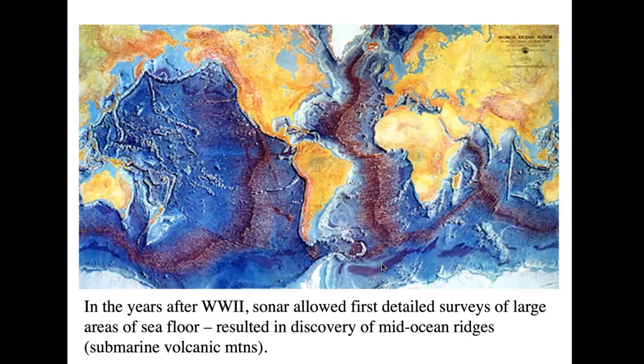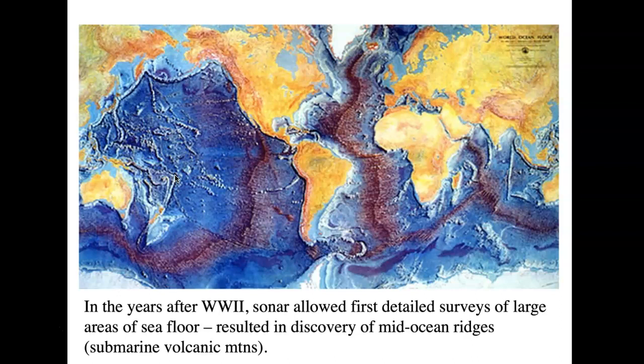Before World War II, we really thought that once you got out into the abyssal plains, it was just flat open plains, like a desert in the ocean. But when we started to get these detailed surveys from sonar, we found that was not the case at all.